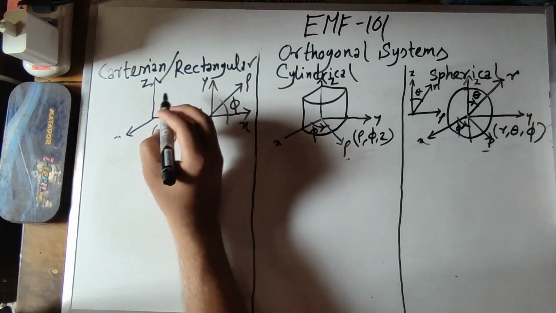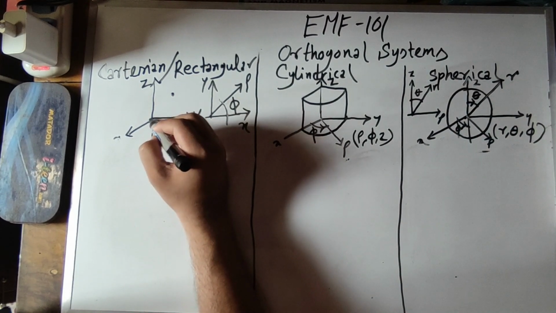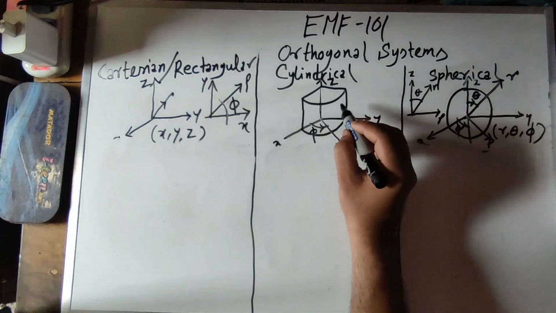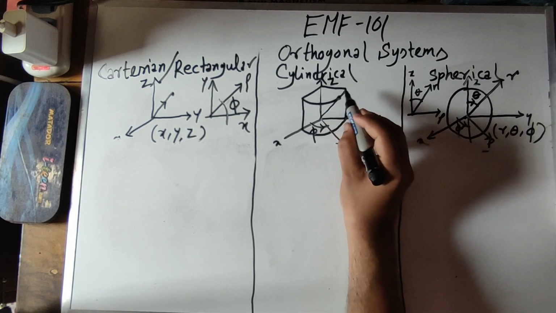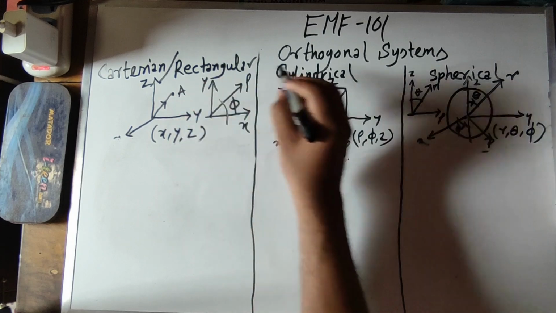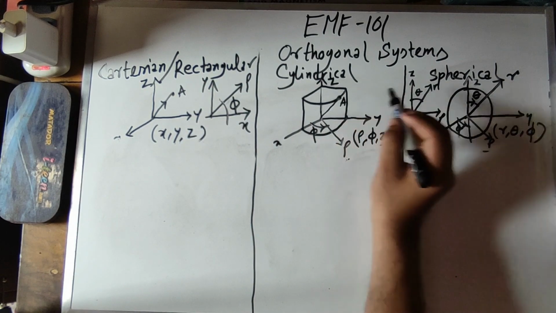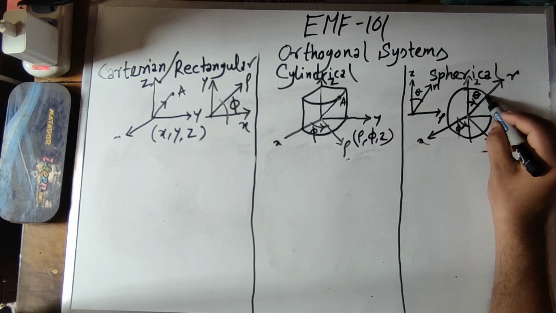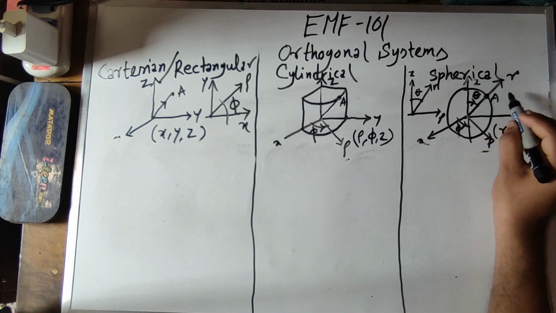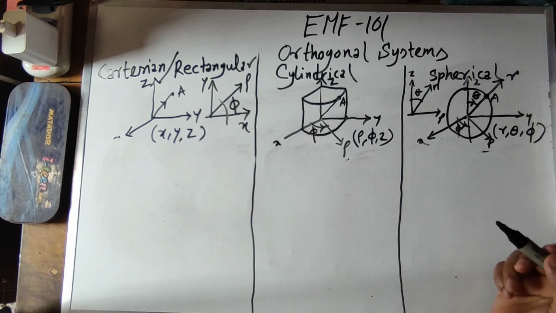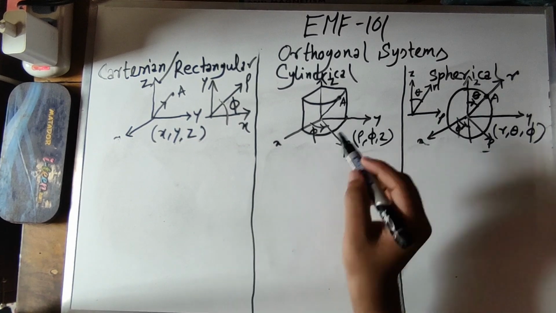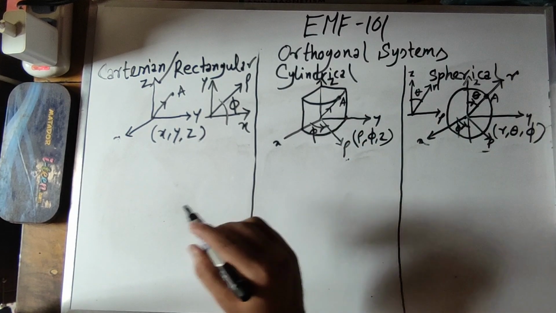Say a is a vector, with all its components. How are we going to represent a in Cartesian?